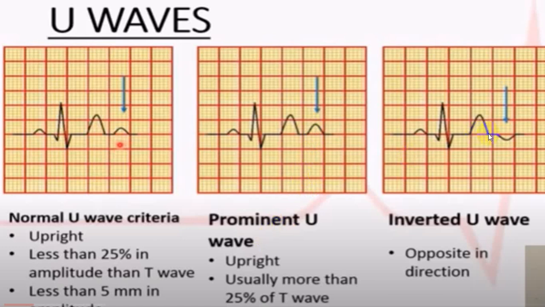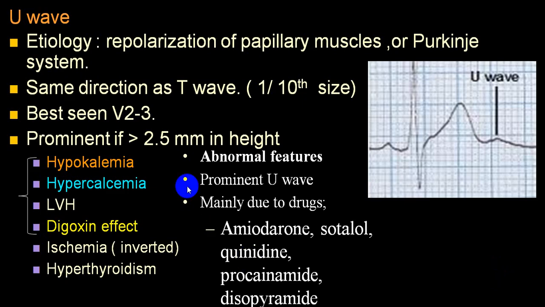And if it is inverted, meaning it is in the opposite direction of the T wave, it is always pathological. So prominent U wave and inverted U wave are considered pathological. In everyday practice, if it is more than 0.25 millimeter in height, it should be considered pathological.